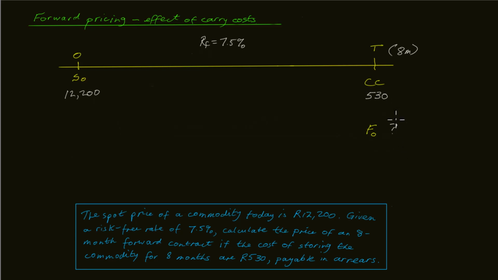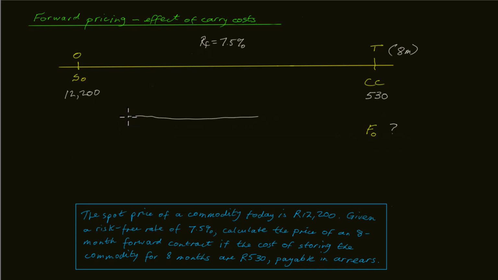We begin by observing that due to the principle of cash flow additivity, we cannot adjust the 12,200 Rand against that 530 without first taking into account the fact that they are at different points in the timeline.